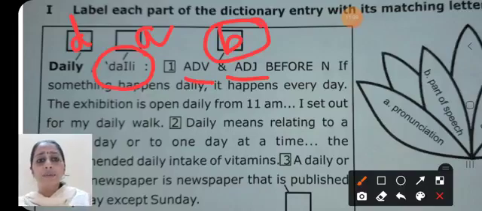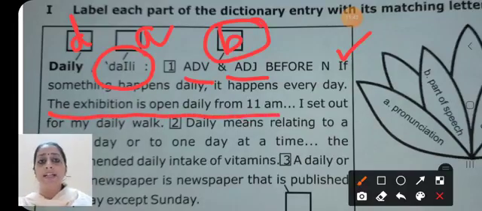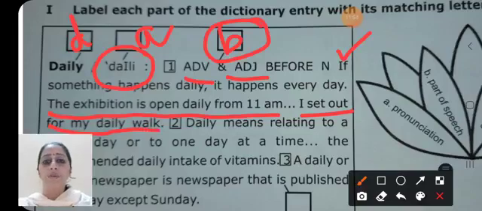And this is the meaning. The example sentence: The exhibition is open daily from 11 a.m. This is the example sentence. I set out for my daily walk. This is again an example sentence.